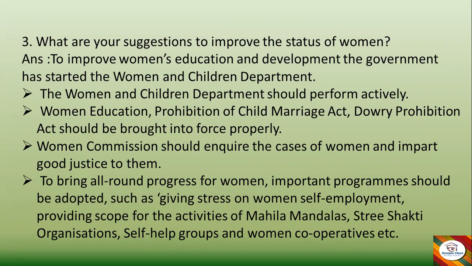To bring all round progress for women, important programs should be adopted, such as giving stress on women's self employment, providing scope for the activities of Mahila Mandalas, Stree Shakti Organisations, self help groups, and women cooperatives, etc. So these are some of the suggestions to improve the status of women.